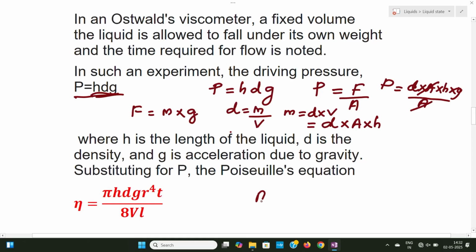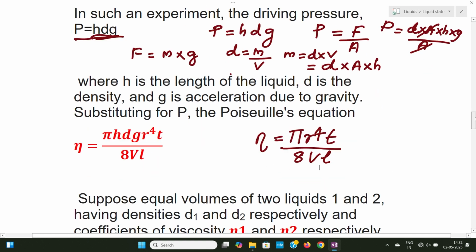When we substitute this hdg in Poiseuille's equation, which is pi P r power 4 t divided by 8VL, instead of P we substitute hdg.